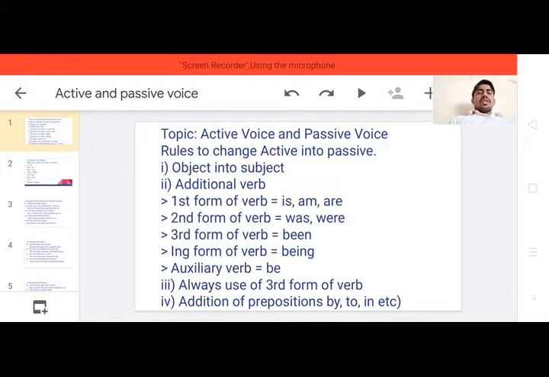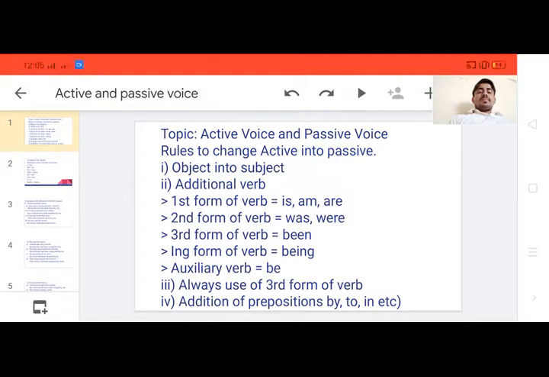So there are two types of ways of writing. One is active voice. It means in this way the subject is active, and in passive voice the subject is passive. It means something is happening on the subject.